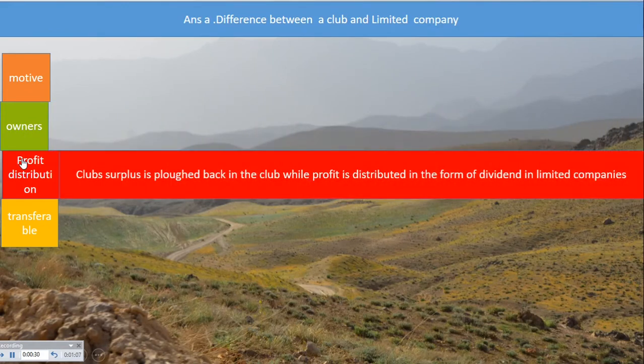Profit distribution: a club's surplus is ploughed back into the club, while profit is distributed in the form of dividends in limited companies. Limited companies normally distribute the profit as dividends, while in a club the surplus is not distributed among the members, it is used back in the club.